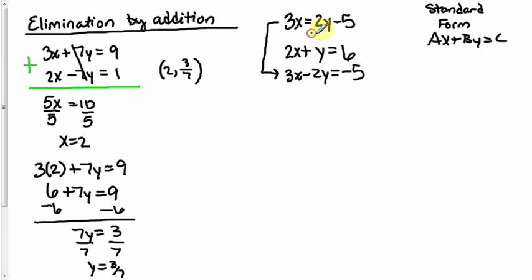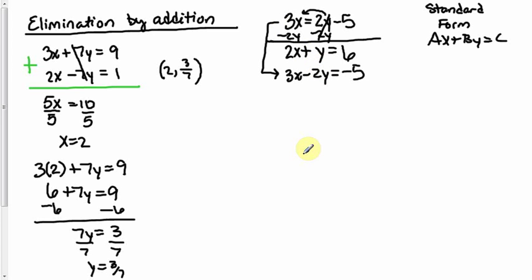I subtracted this 2y from both sides of the equation, and then I wrote it down here because I didn't have room to write it up there. No, I subtracted this from both sides of the equation. See how it was positive over here? When it moves over to the left, it's negative?